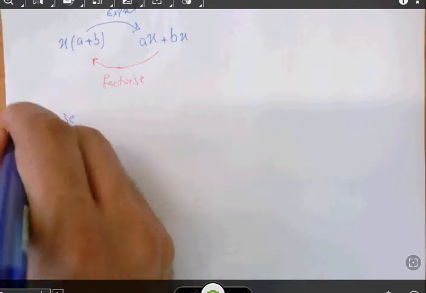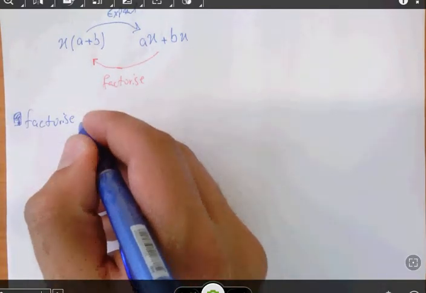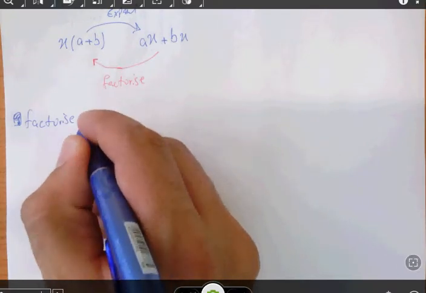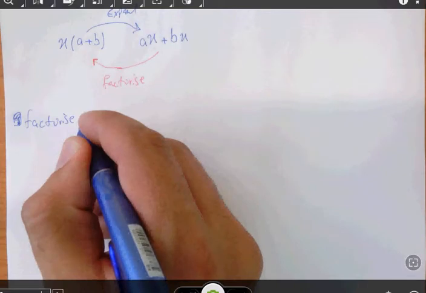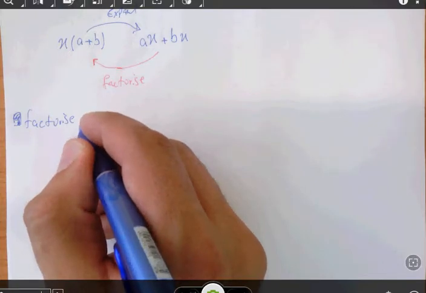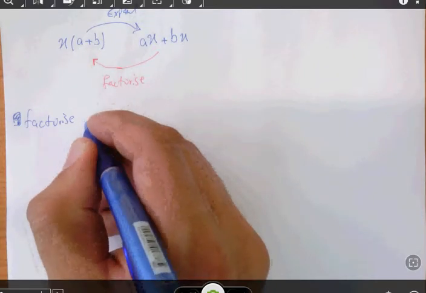I'm going to factorize, and I say, okay, to factorize an expression I need the common factors, right? And even more importantly, I need the highest common factor between those two. I'll give you an example.